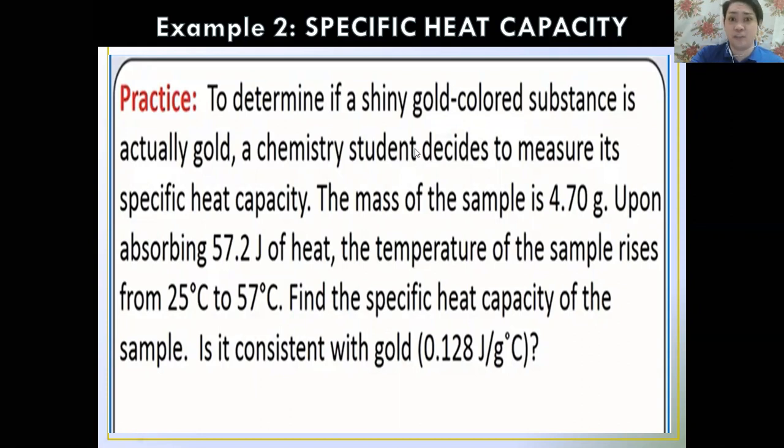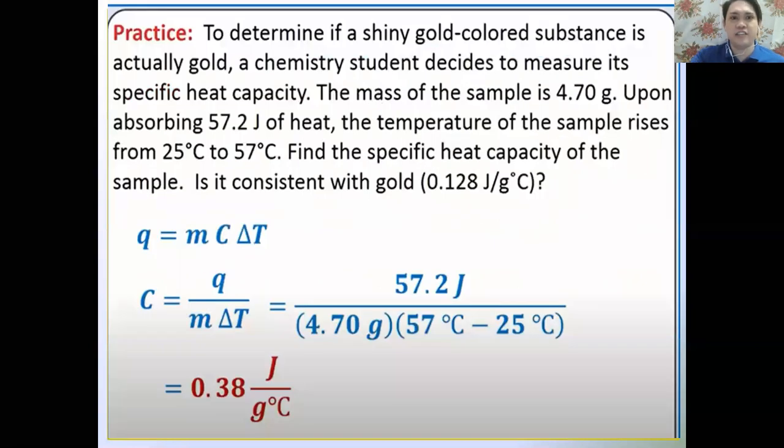So the first thing that we are going to do, of course, is identify what we know, what is given, and what we should find in the problem. The mass is given: 4.70 grams. There is also a given 52.2 joules of heat, meaning the energy or the heat required.